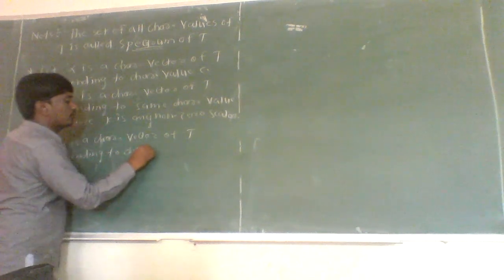As here given that alpha is a characteristic vector of T corresponding to characteristic value C. Then from the definition of characteristic value, we get T of alpha is equal to C into alpha, and also it is given that K is any non-zero scalar.